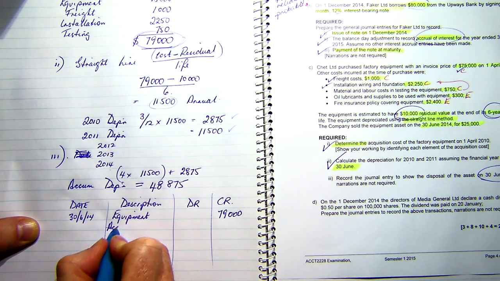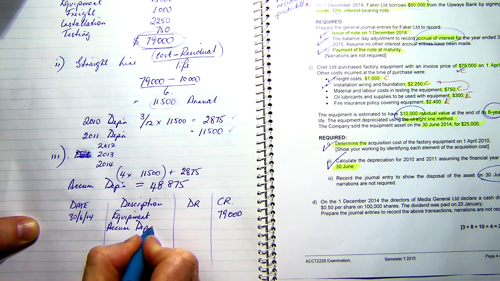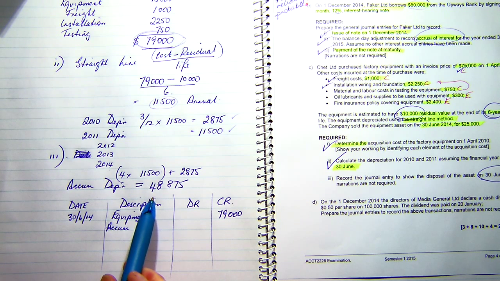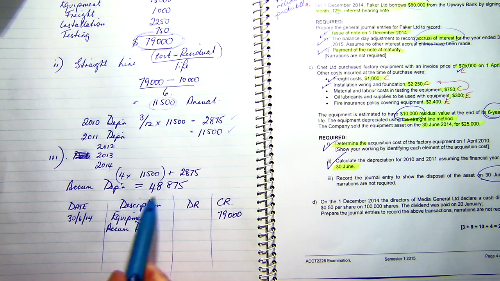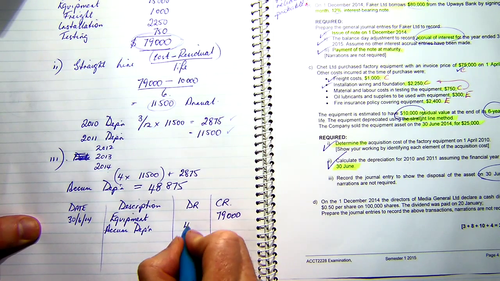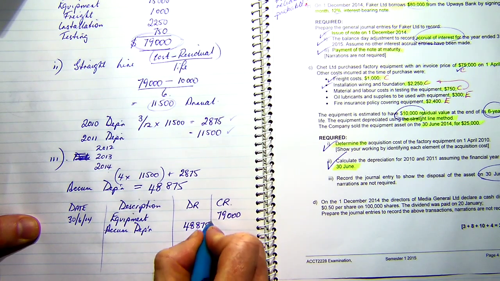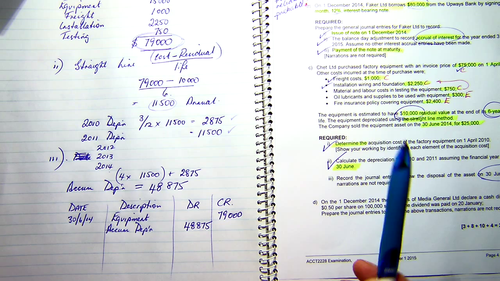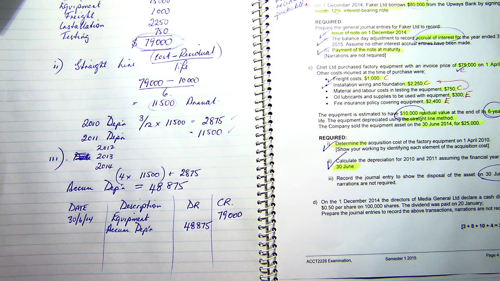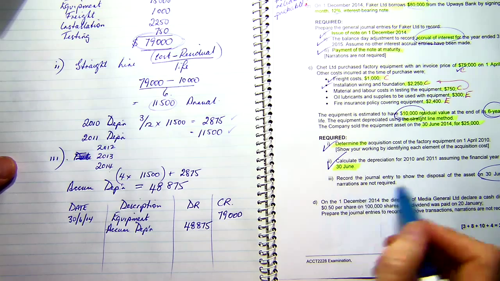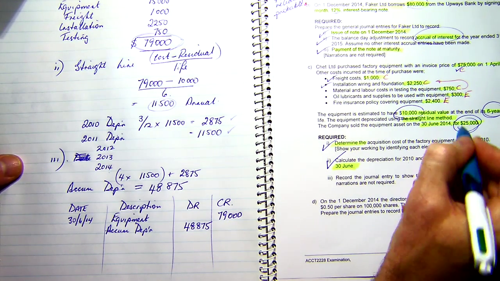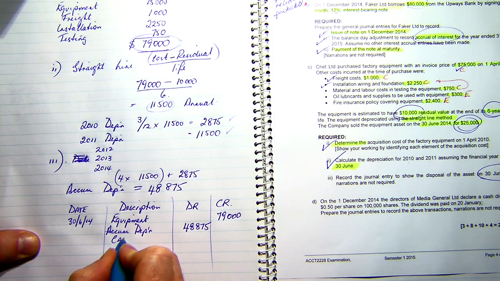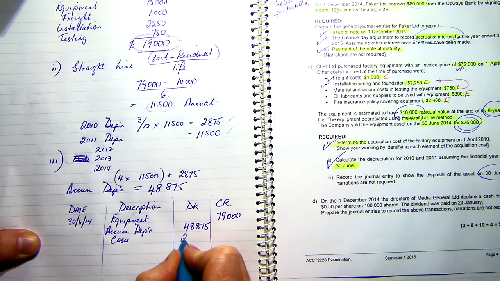My accumulated depreciation: what's the normal balance? Credit. So if I'm reversing it, it'll be a debit. So I've got 48,875. Now I've got my sale proceeds. The company sold the equipment for 25,000. That's going to increase my cash at bank. So my cash is 25,000.